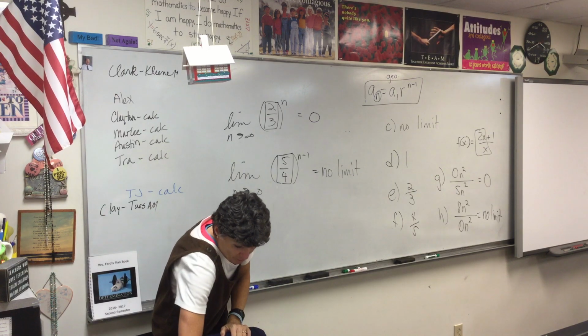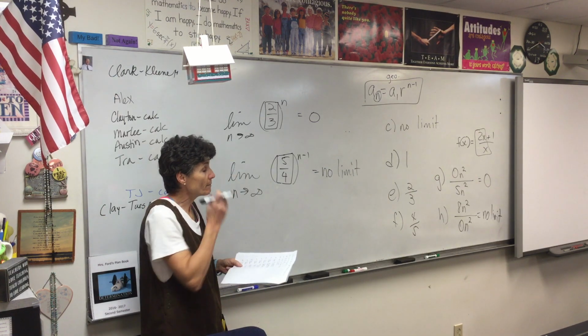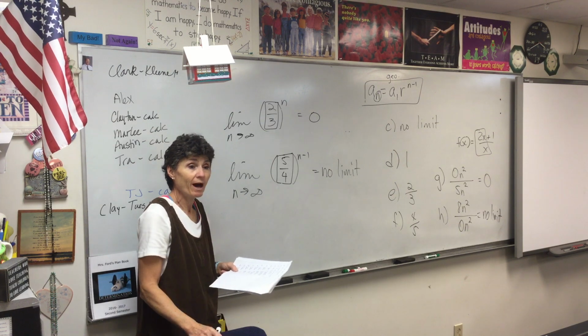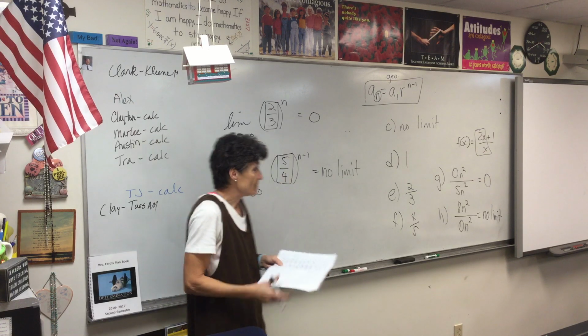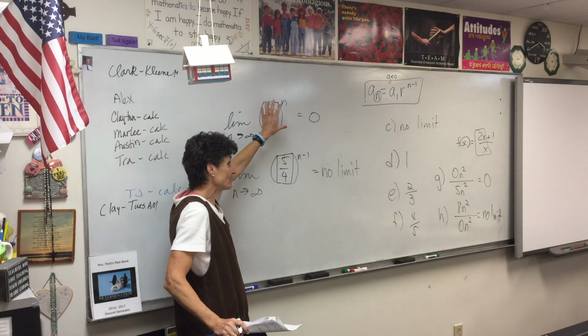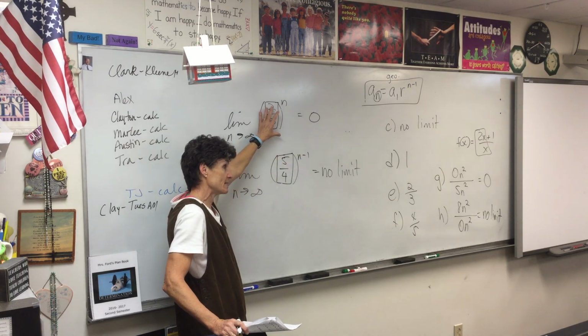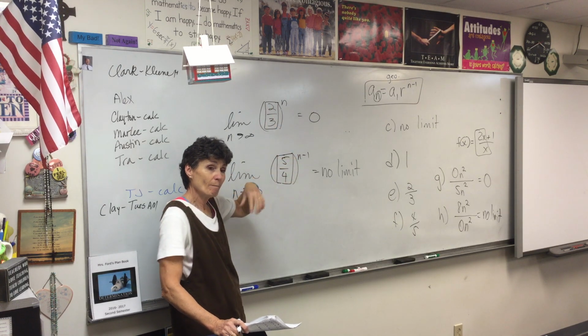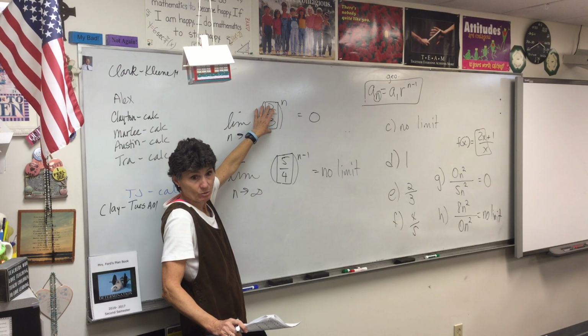So, what do you think about K? What's the answer to K? No limit, because 1.5 is bigger than 1. These guys, you either have a limit of 0 or you have no limit at all. Those are your options. It's 0 or it's no limit. And what makes the difference? Is that number bigger than 1 or less than 1?